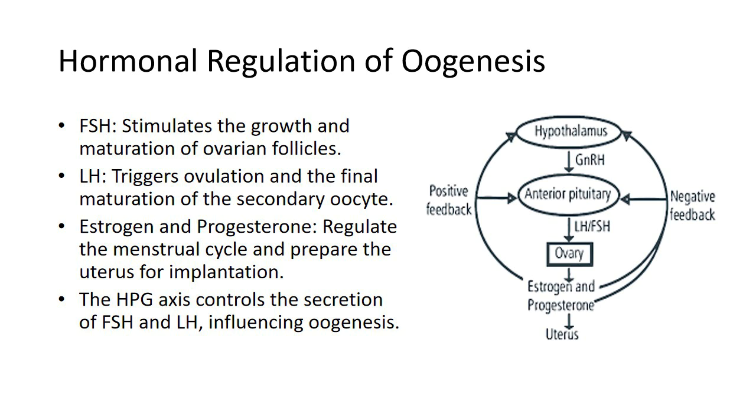These hormones regulate the menstrual cycle and prepare the uterus for pregnancy. Estrogen also promotes the development of the ovarian follicle, and progesterone is involved in the preparation of the endometrium for potential implantation of a fertilized egg.